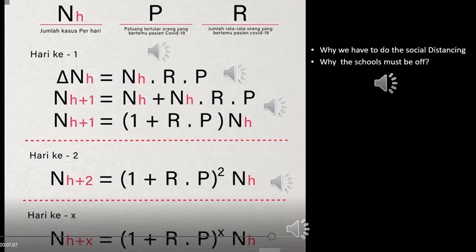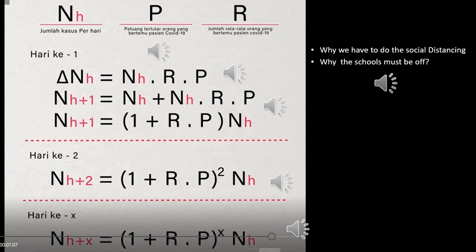Then the number of cases at the first day will be n plus n multiplied by r multiplied by p. So, the number of cases at the second day, n at day 2, equals (1 plus r multiplied by p) to the power of 2 multiplied by n.